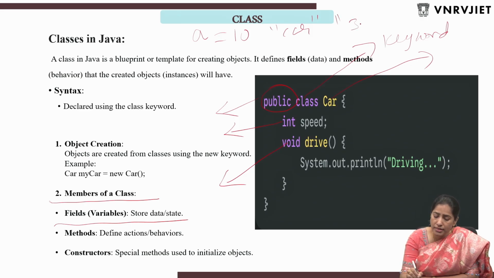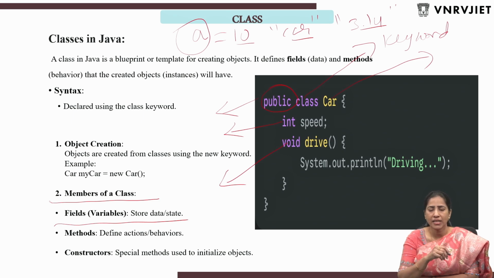If the value is rational, then you call it a float variable. So based on the value, the type of the variable is defined: integer variable, float variable, string variable, character variable, like that. Character means you will have only one character, like A equals C. Character can be digits, alphabets, or special characters.